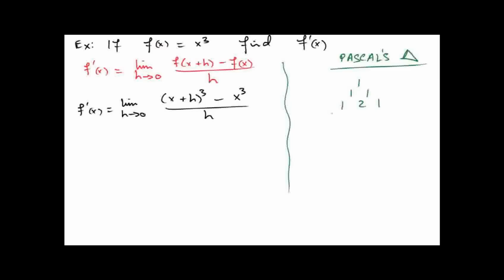Now to construct the next row, we've got a 1 at either end, and what goes in the middle? What am I going to put here? 3. What am I going to put here? 3. Is that okay? Now the next row, 1, 1. Fill in the bits in between. 4, be careful, 6, 4.